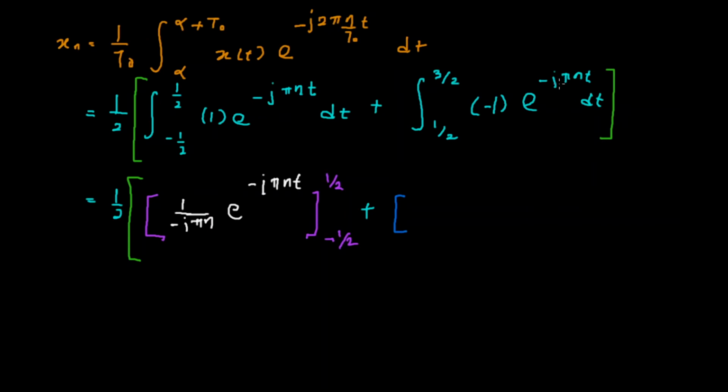We have to differentiate this: 1 over negative j pi n, here the same, negative j pi n. So it's going to be t, and we can close this bracket, and this is for 3 over 2 to 1 over 2.